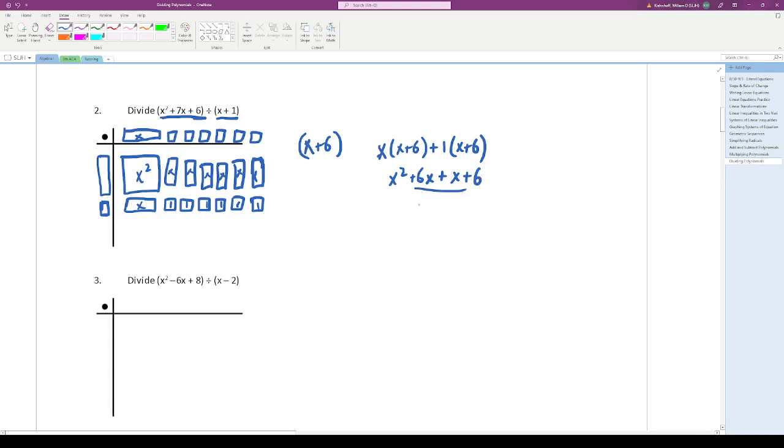We combine our like terms, and we get x squared plus 7x plus 6. That is what we started with as our dividend, so that means we divided it correctly. Since multiplication and division are opposite operations, we can always use multiplying to check that we divided correctly.